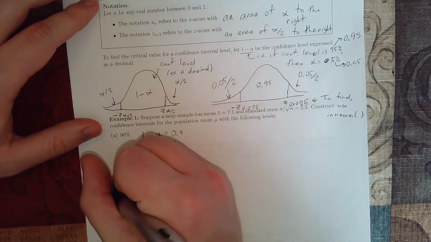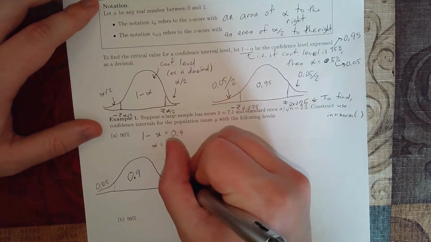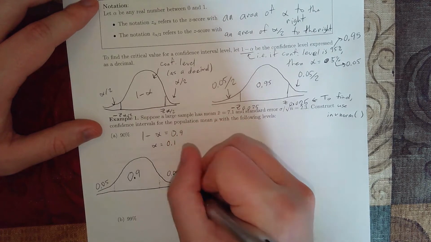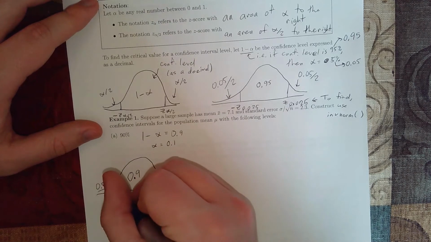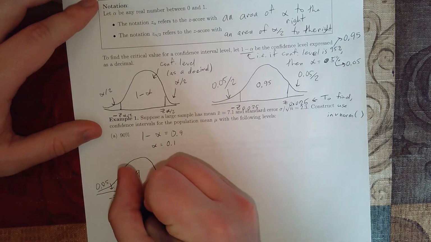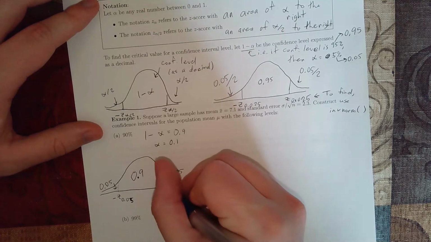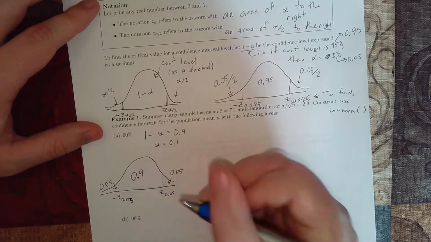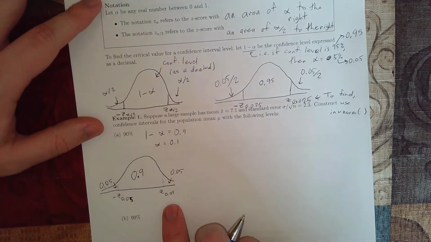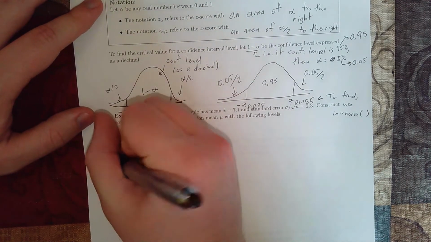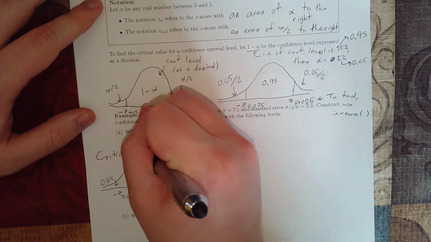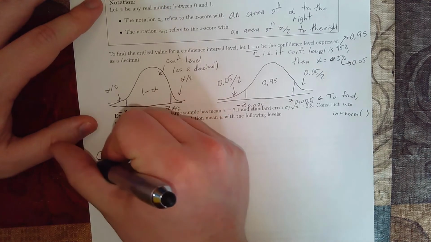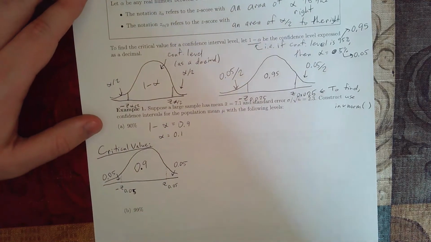We've got 0.05 on one side and 0.05 on the other as far as our area goes, and we have negative z of 0.05 and z sub 0.05. This is going to be our critical value, so it's based on whatever our alpha or alpha over 2 is.